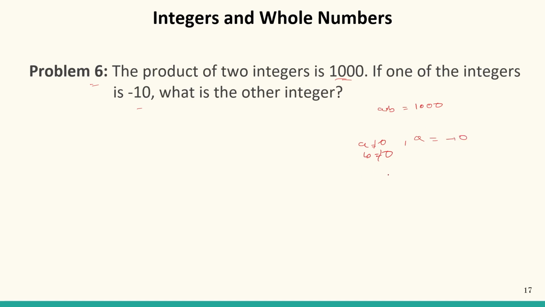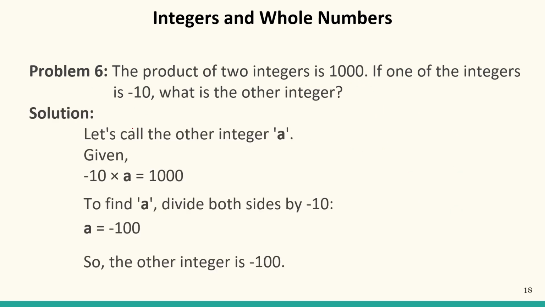So what will be the value of b? So b into minus 10 is equal to 1000, right? So this implies that b is equal to minus 1000 by 10. So cancelling a 0 out, what we are left with is minus 100. So the other integer must be minus 100, so that their multiplication becomes 1000.